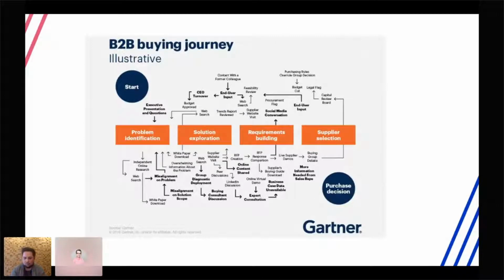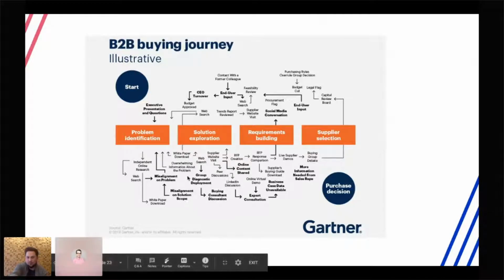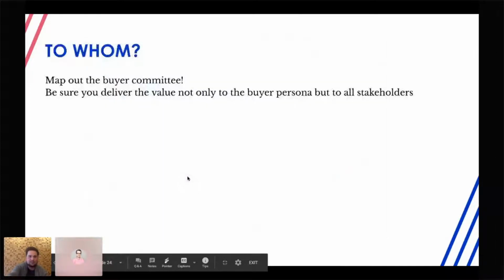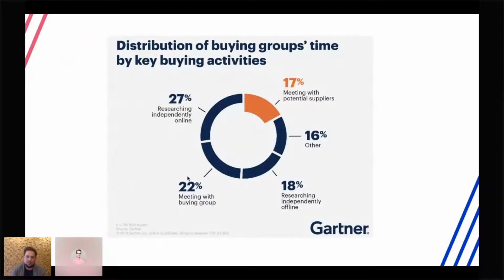Why do you have to map your customer journey and talk to your customers? Because this customer journey for B2B clients is extremely complex and not linear. This is a real report from Gartner that showed what the start-to-purchase decision looks like. These customers are making a lot of interactions, and not only interactions with us.